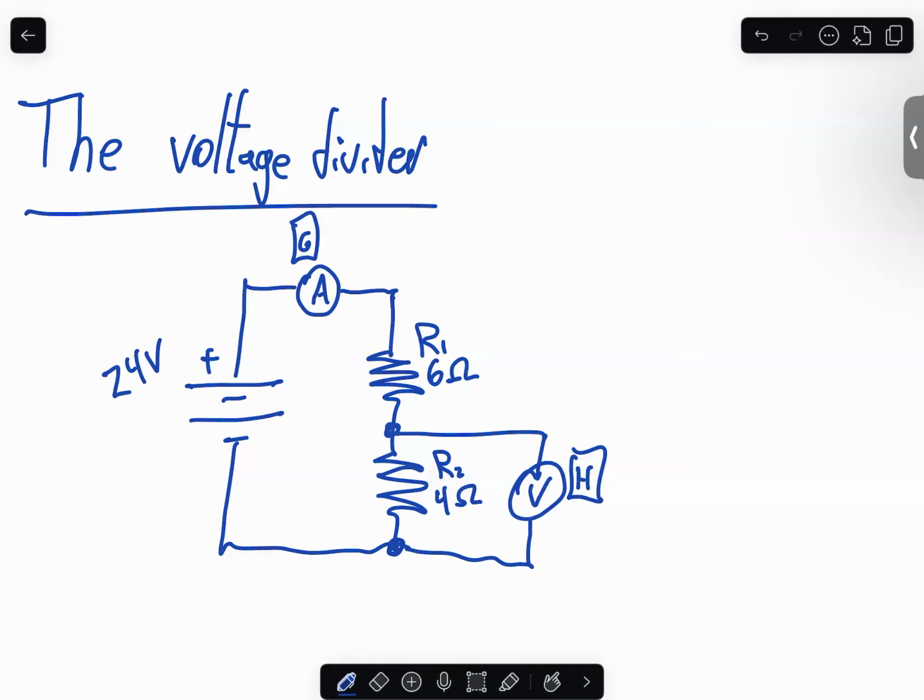Oh, a correct answer. Ooh, multiples. Lots of correct answers.